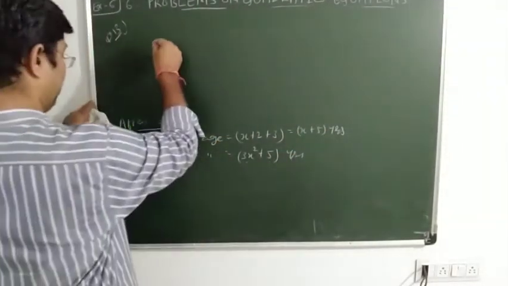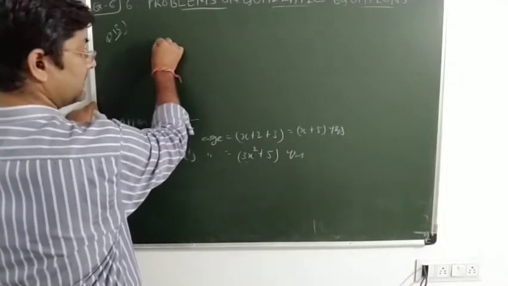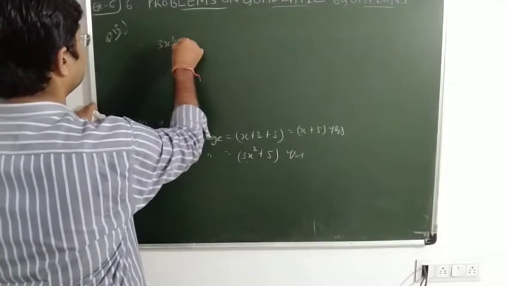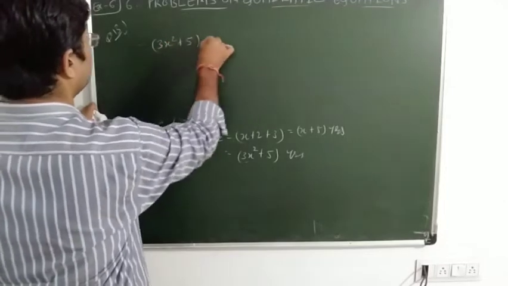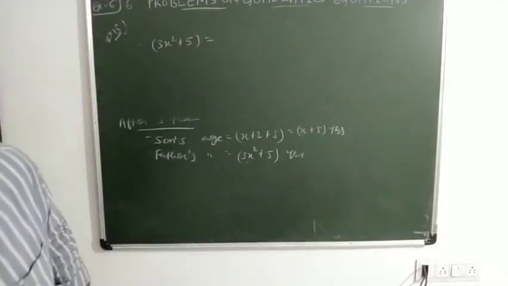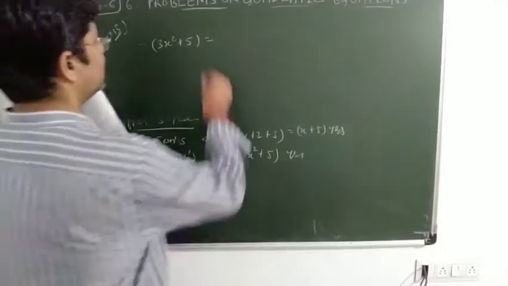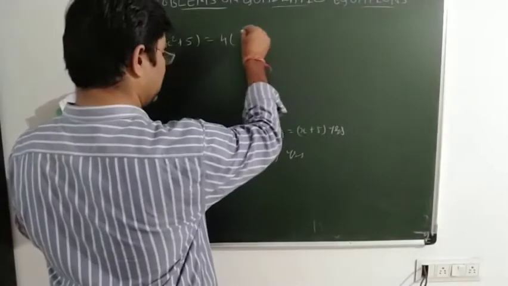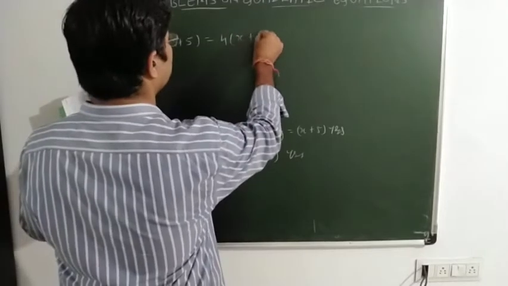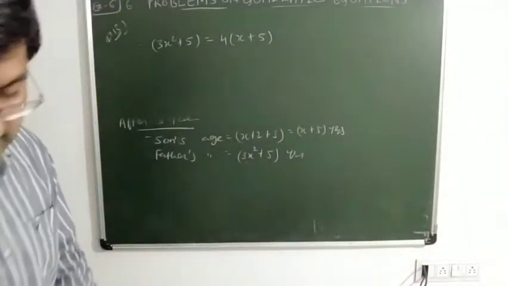It is given that the father's age is 3x square plus 5, which is 4 times the son's age. So 4 into the son's age, x plus 5. Now we have got an equation.